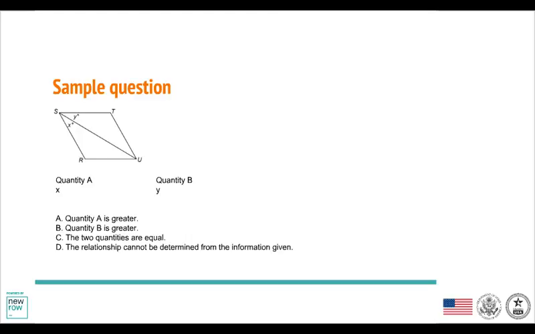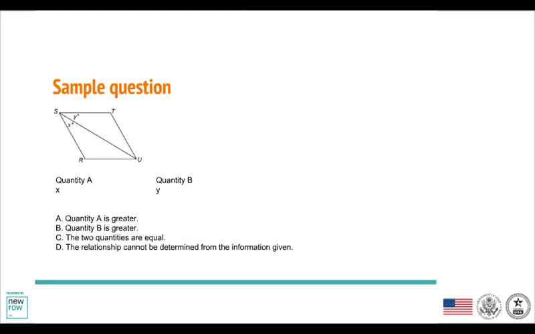So here's a sample question. This is a basic geometry example. They may provide you some sort of a graph or diagram and ask you to respond to a question. For instance, here you can see we have 4 options.